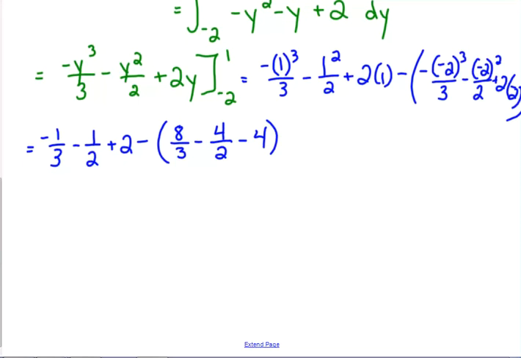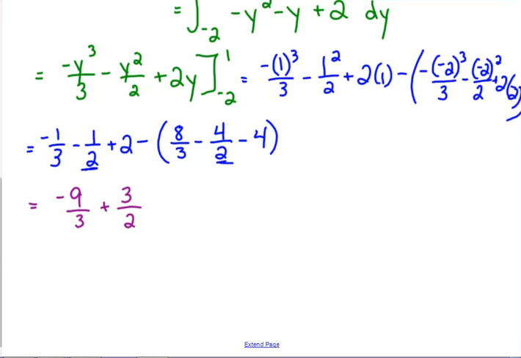Now, I know that 4 over 2 reduces, but why not leave it so that I can combine it with that other over 2? So we've got -1/3 minus 8/3, so that's -9/3. -1/2 minus a -4/2, so that's like adding 4/2. So -1 plus 4/2 is 3/2.